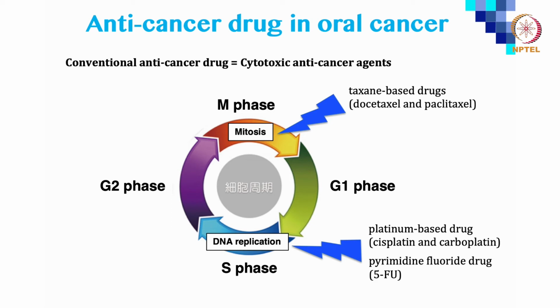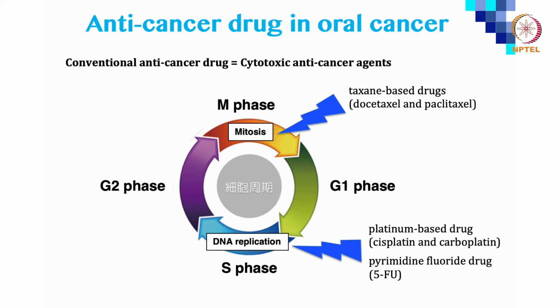To know the deregulation of cell cycle in cancer cells is important because conventional anti-cancer drugs target cell cycle. In oral cancer, platinum-based drugs, including cisplatin and carboplatin, pyrimidine fluoride drug, including 5-FU, and taxane-based drugs, including docetaxel and paclitaxel, are often used.